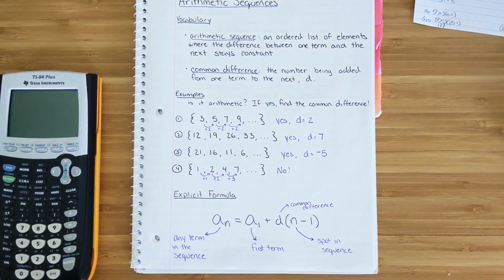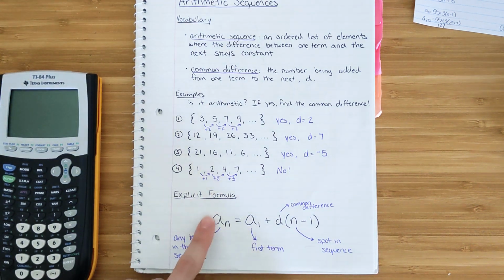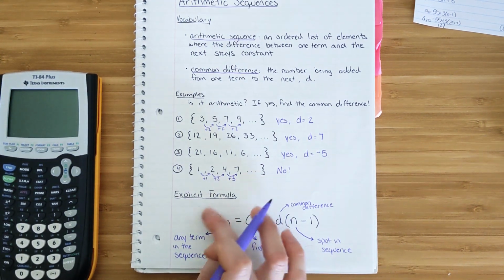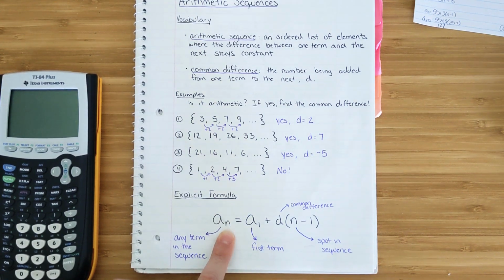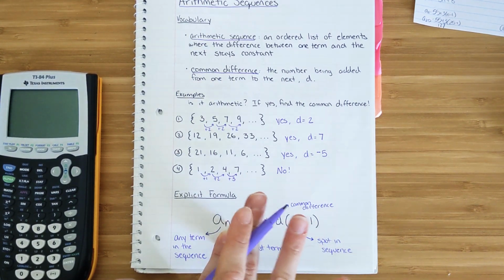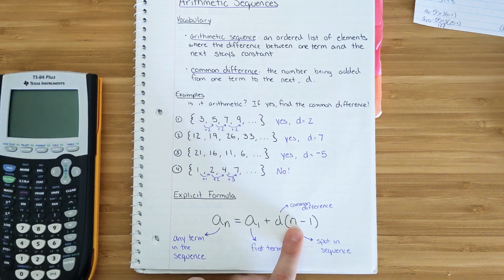All right, so let's say I was trying to look for the 5th term in the sequence. This would be a sub 5, and remember that's just a notation. There's no math that goes into that. But I would use that 5 because I'm trying to find the 5th term in my actual equation itself.